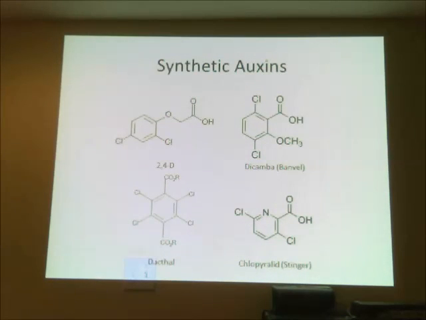2,4-D is still used. 2,4,5-T is not used anymore because of problems associated with the fact that in its manufacture, there were always small amounts of a compound called 2,3,7,8-tetrachlorodibenzodioxin that were formed.